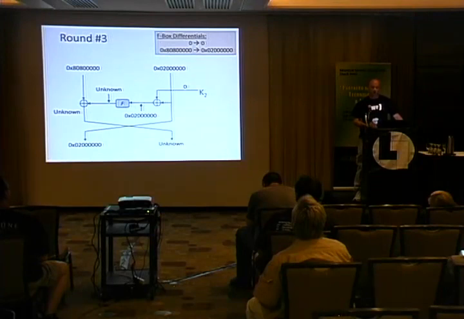All we can predict is 80/80 going to 2 and 0 going to 0. We don't know what the differential is going to be coming out of this F-box. And that's fine. So we have unknown, unknown, but on the left, this 2 just carried over. And that's what we're going to use. That's the final prediction that we're looking for.